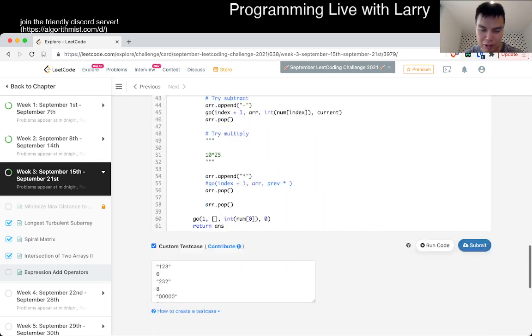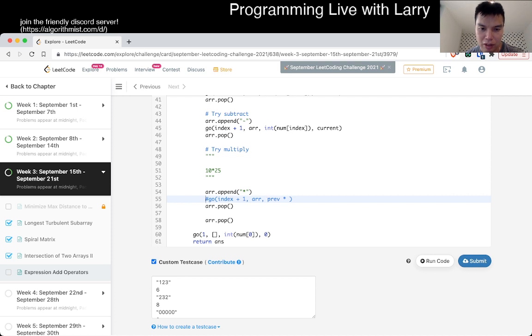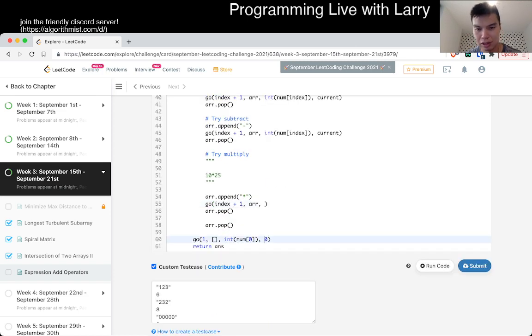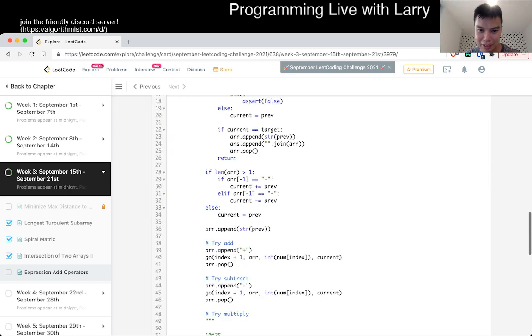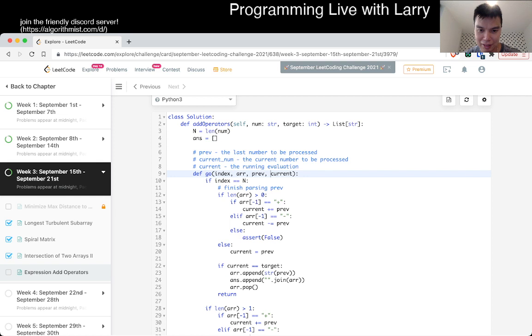Okay, let's ignore that for now. So then here the new previous number, as we said, is only if it's multiplied.